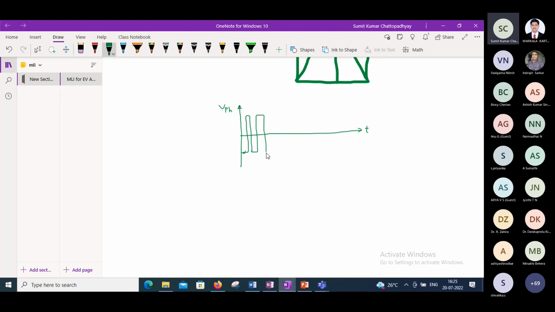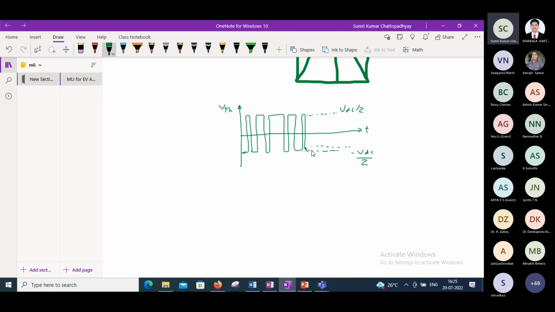So gradually it will look like this, a positive half cycle. So on, this will be continued. So observe that suppose the output is plus VDC by 2 here, as per the diagram I have drawn, and here it is minus VDC by 2. Any comment?